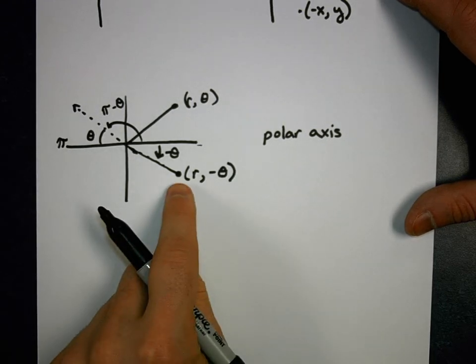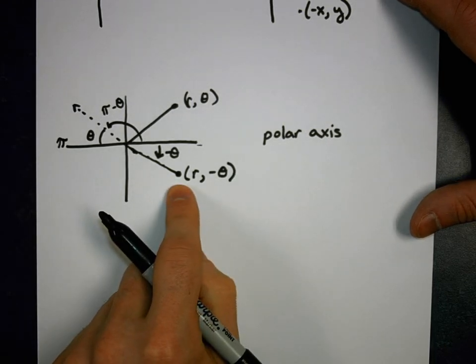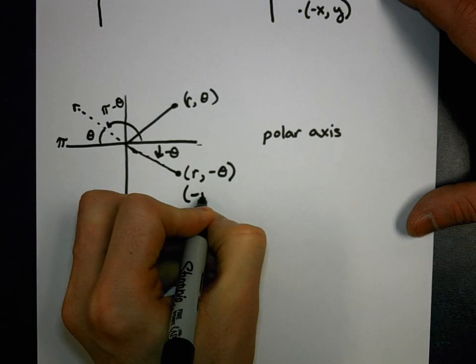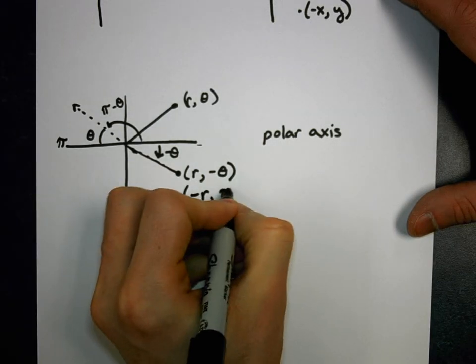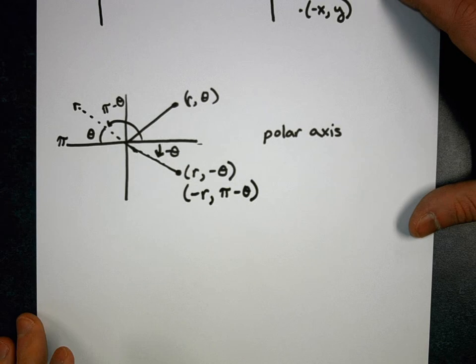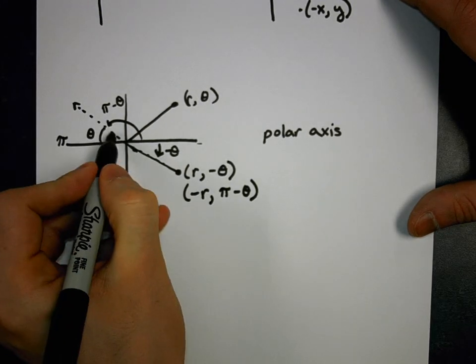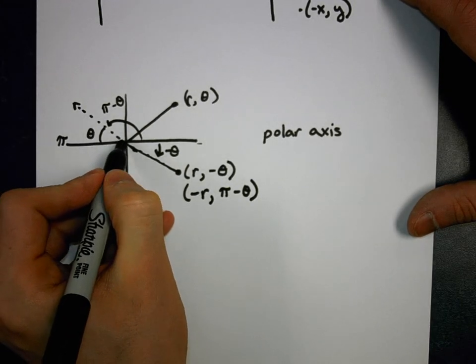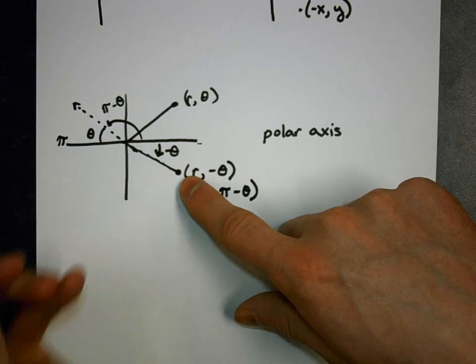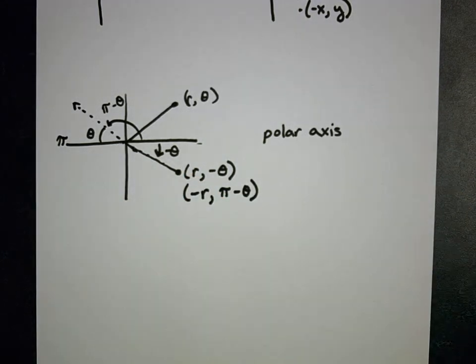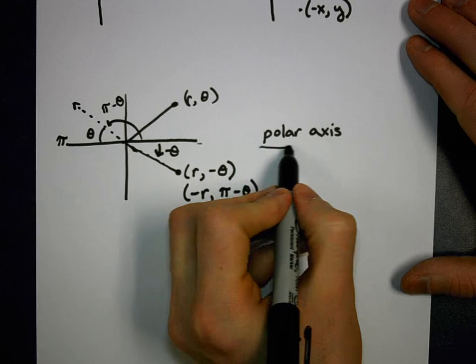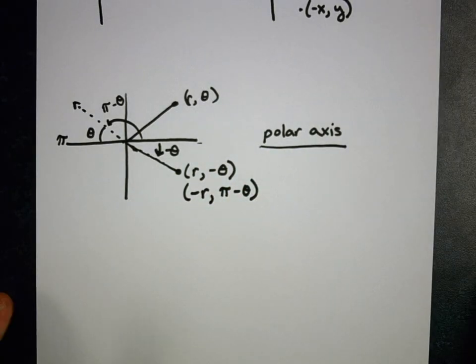So I could write this point as (-r, pi minus theta), because then I'd be facing this dotted line, but since my point is behind me, I've got to have a negative r to get there. So that's the first type of symmetry, the polar axis symmetry.